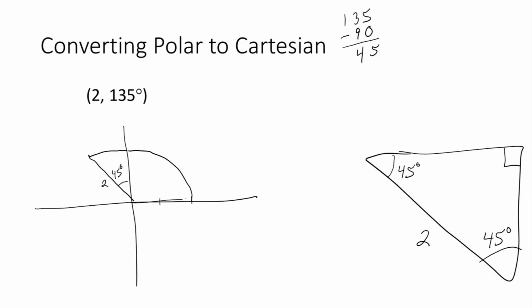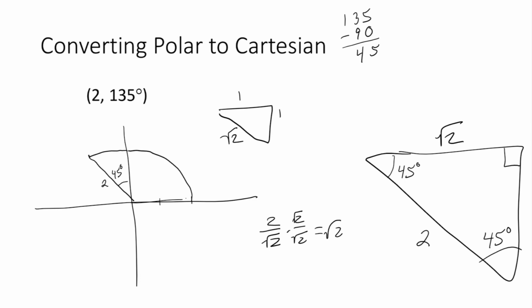So I know the sides are 1, 1, square root of 2. We did that in a different video where I had 1, 1, square root of 2. So if this is 2, then that would be 2 divided by the square root of 2, which is just square root of 2. So basically the two sides are square root of 2.